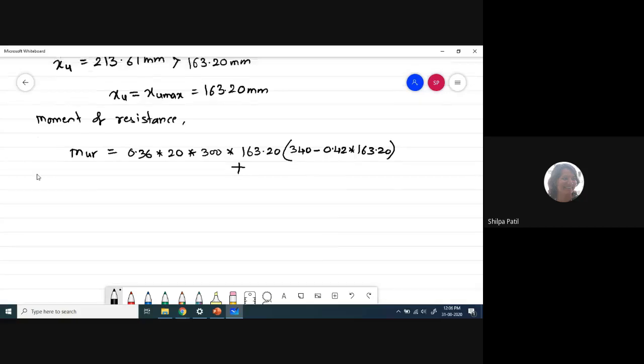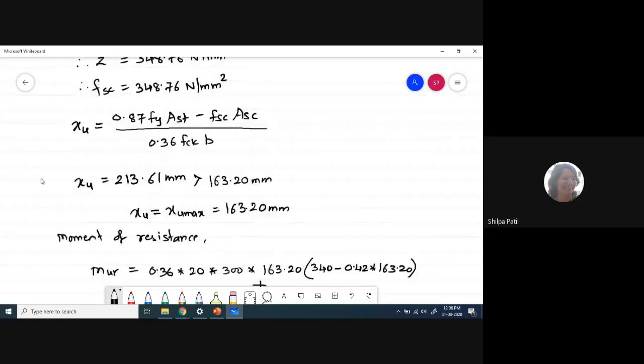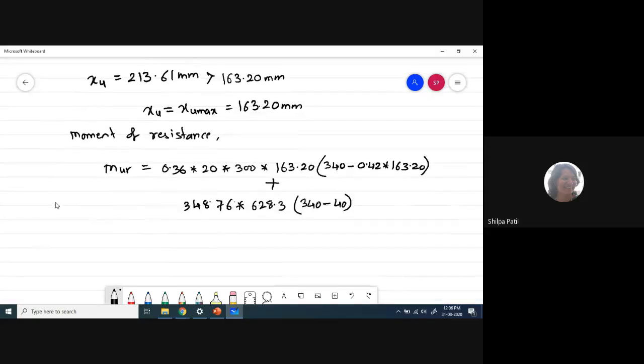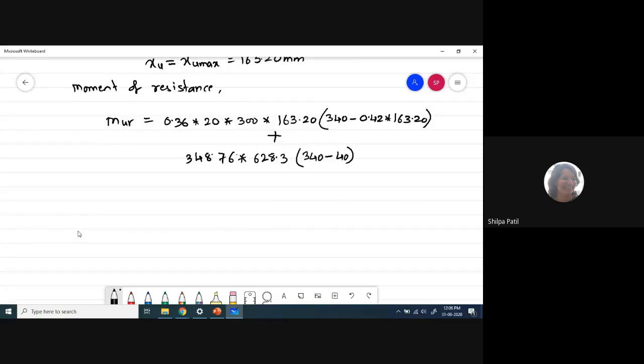What is the FSC value now? It is 348.76. FSC into ASC, ASC is, I think, 628.3. Am I right? ASC, yes, into bracket D minus DC. Okay. So find out MUR.